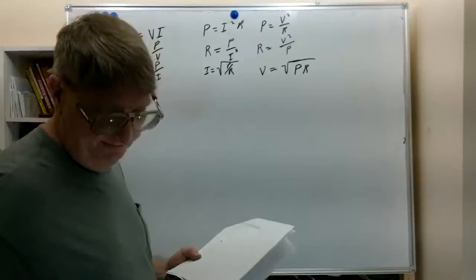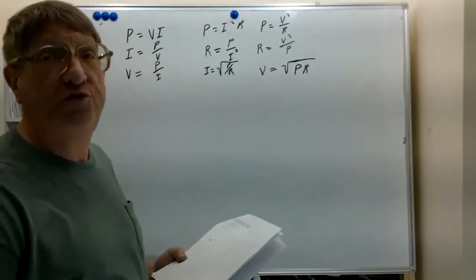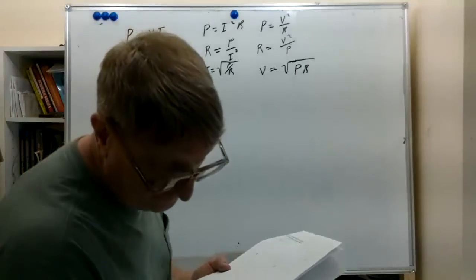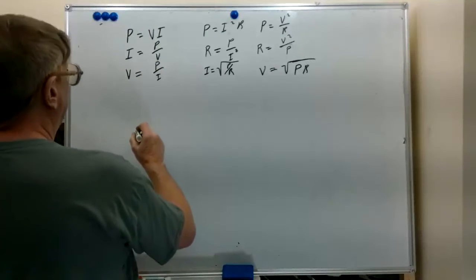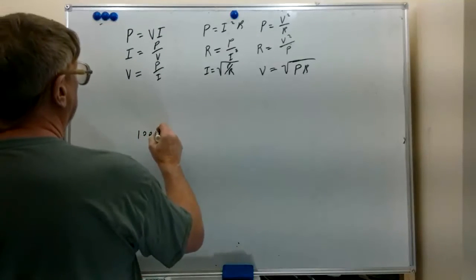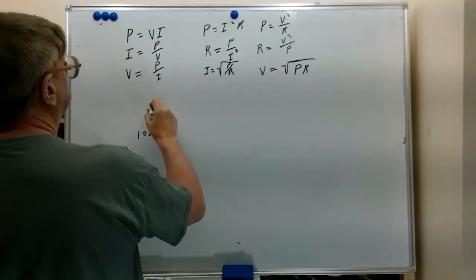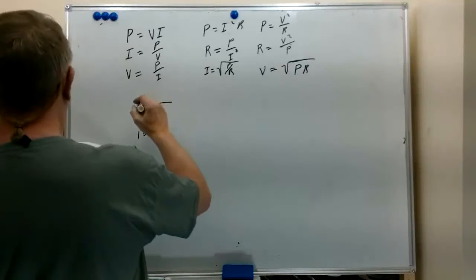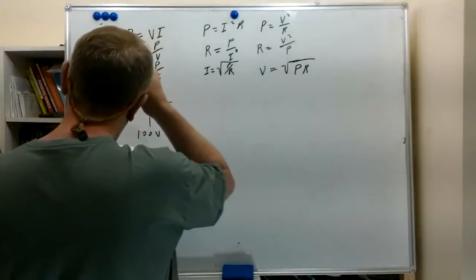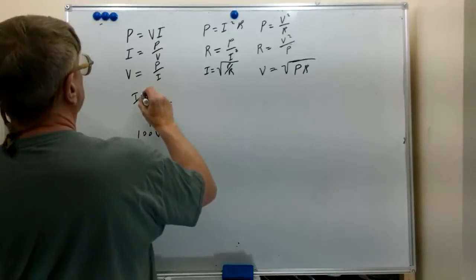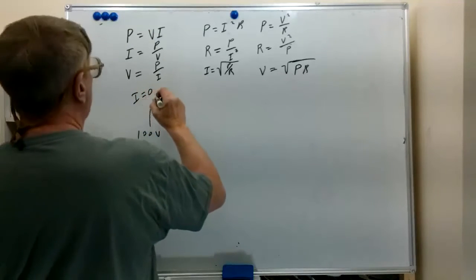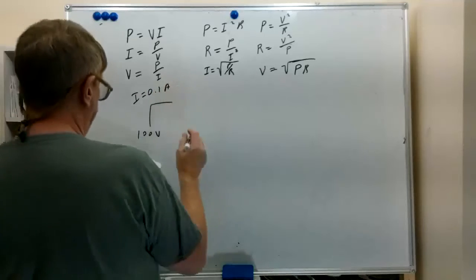Suppose you need to choose a resistor. We've got a circuit, 100 volts. We have a current given to us of 0.1 amp, or a tenth of an amp.